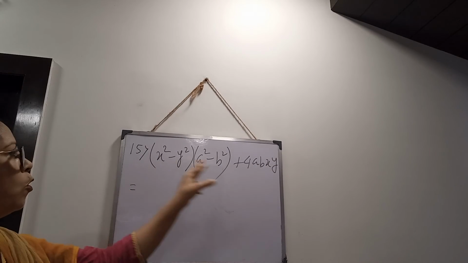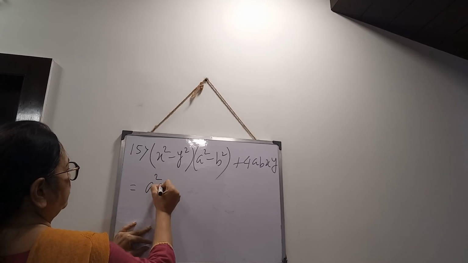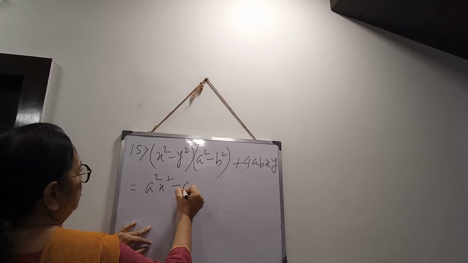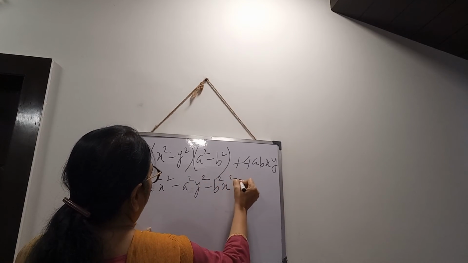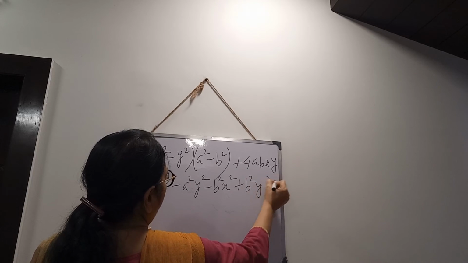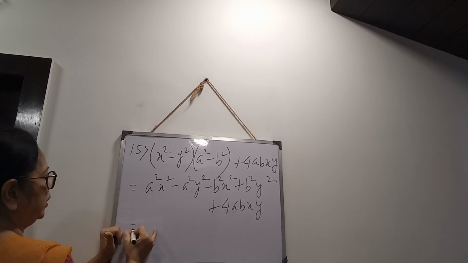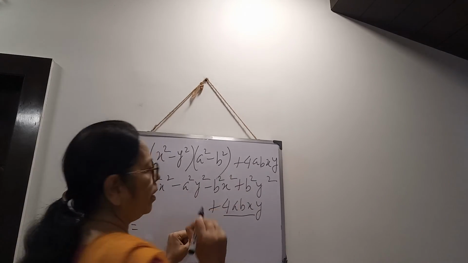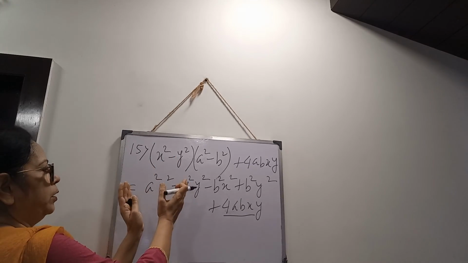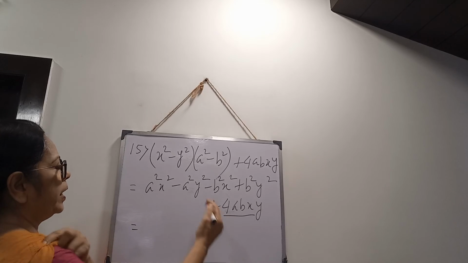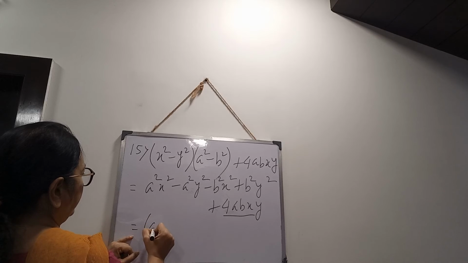Here also open the bracket by multiplication, just simple multiplication: a square x square minus a square y square minus b square x square plus b square y square plus 4abxy. Now see, there is 4abxy. So 2abxy I will take with 2 terms and another 2abxy with the next 2 terms.